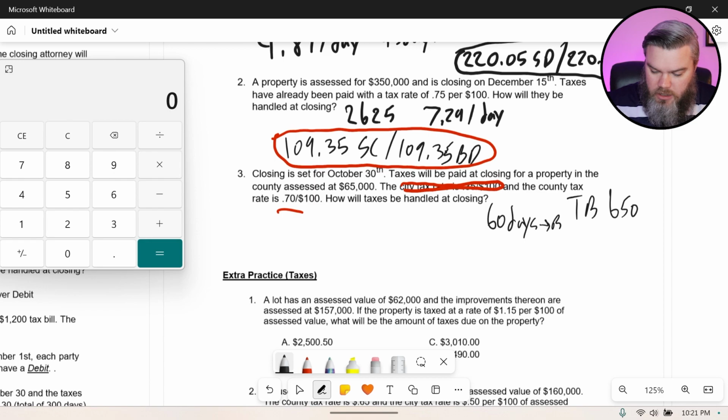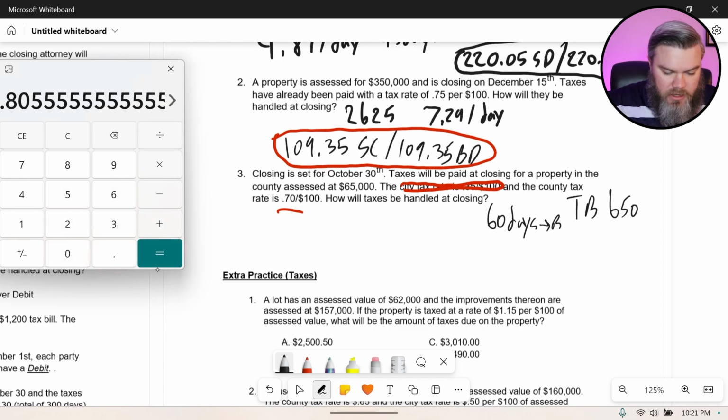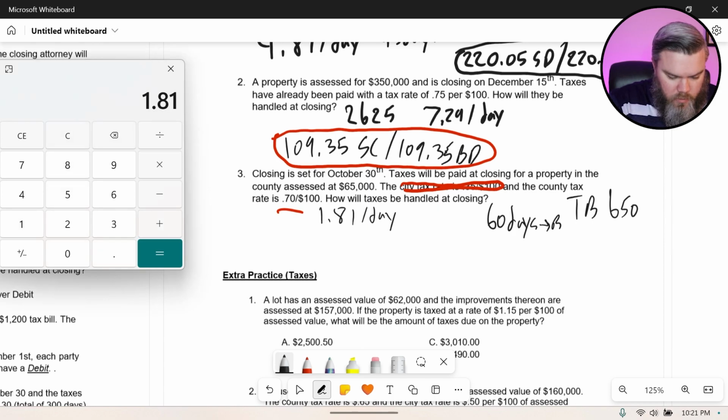And so if we take our $650 tax bill divided by 360, that gives us our per diem of 1.81 a day. Then we take our 1.81 a day times our 60 days for the buyer.